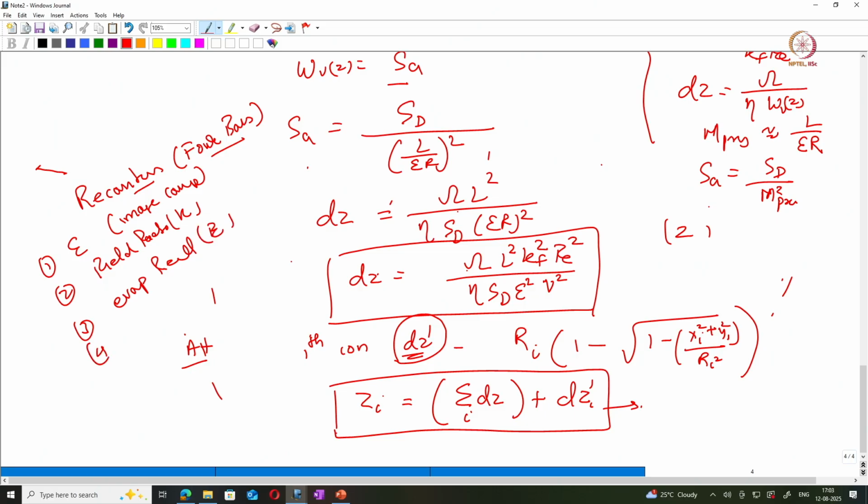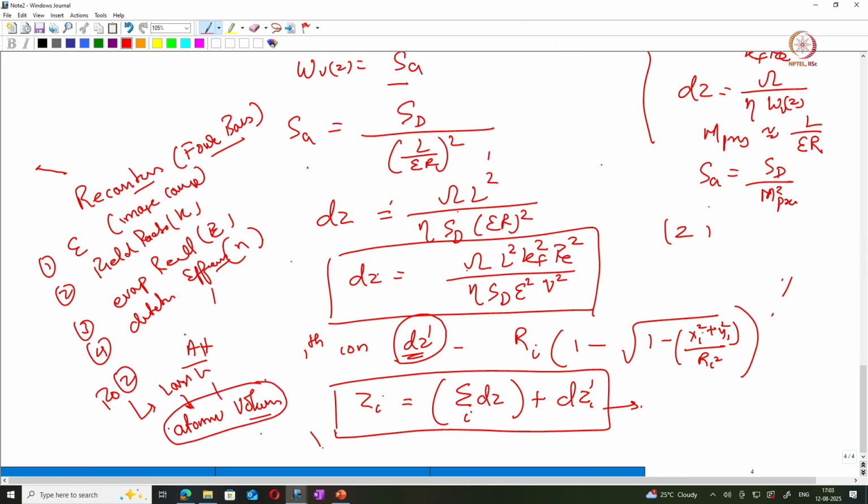And the fourth one is the detection efficiency. And for Z, as I told you, we are assuming that the atoms are evaporated by the layer method, and for the calculation of this we are using the atomic volume. From the atomic volume, we calculate the depth, the Z of the particular ion.